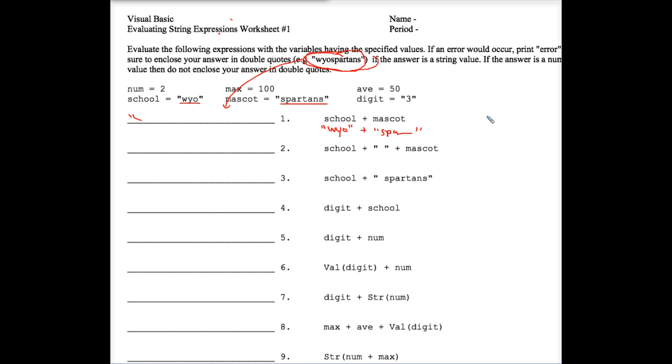But look at number 2. It's a little different. Here we have YO again in double quotes, but then it's being concatenated with a blank space. And then that also is being concatenated with mascot. So because of the double quotes there around a blank space, your answer will be YO with a space and then the word Spartans.